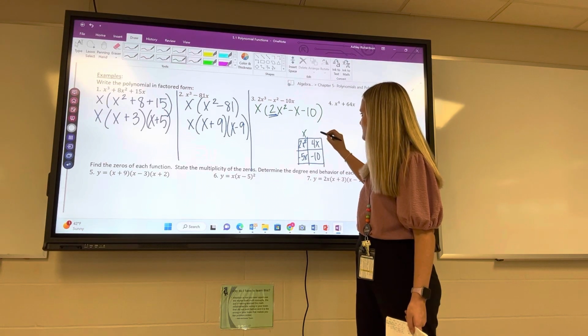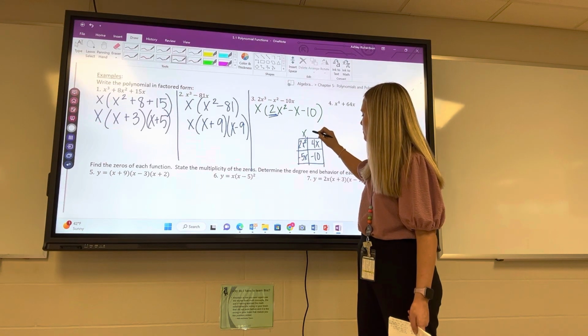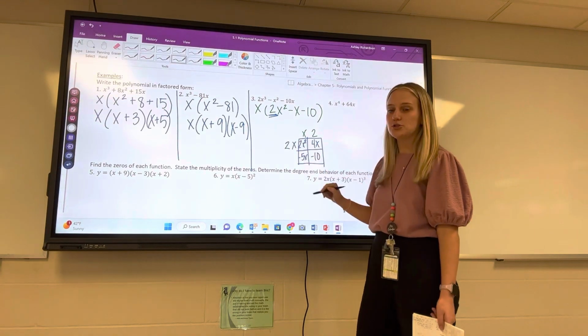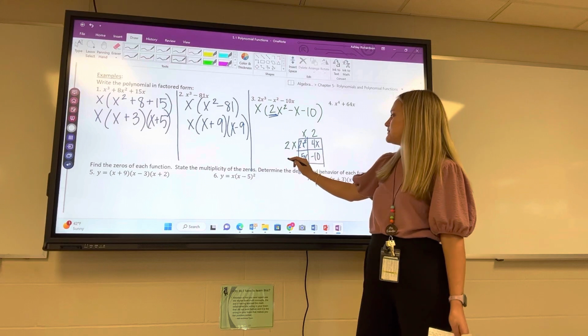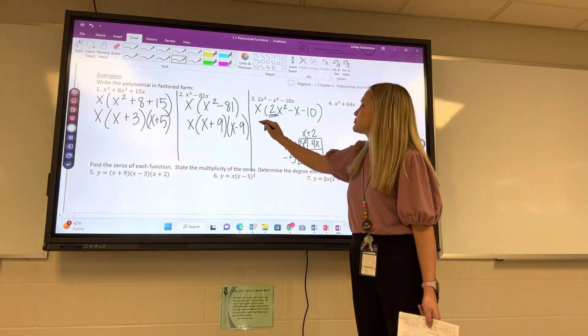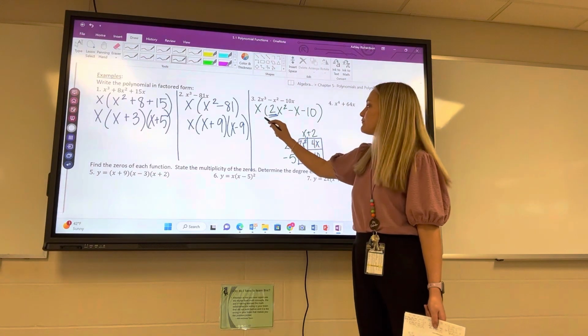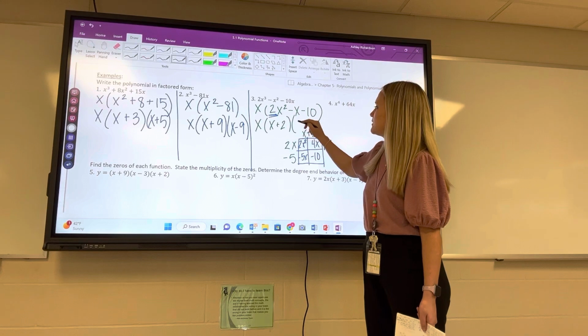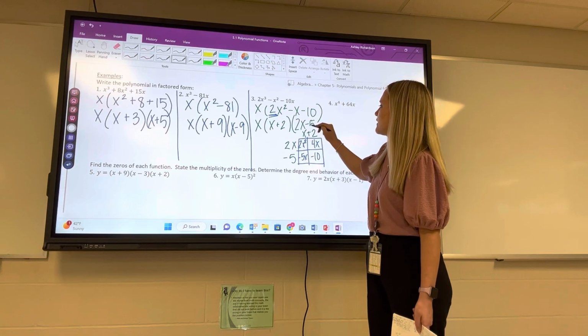With 4x and negative 10, it's 2. With 2x squared and 4x, my greatest common factor is 2x. With negative 5x and negative 10, it's negative 5. So this one would be a plus. I keep this x from the very beginning out front. So then it's x times x plus 2 times 2x minus 5. And that's it.